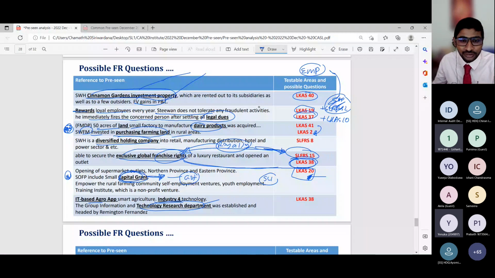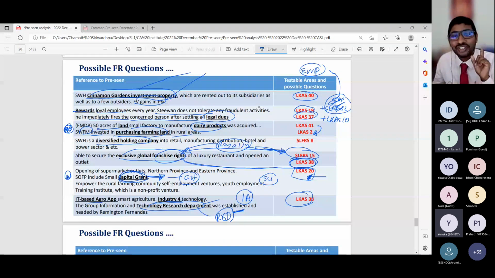And here you might have some research and development cost. Since it was there in the last paper, you can assume it may not be tested, but still you have some kind of probability of this kind of question being tested. So LKS 38, recognition or non-recognition of internally generated intangible assets. You know, internally generated intangible assets you can't recognize. The only instance where you can recognize an internally generated intangible asset is business acquisition under SLFRS 3.